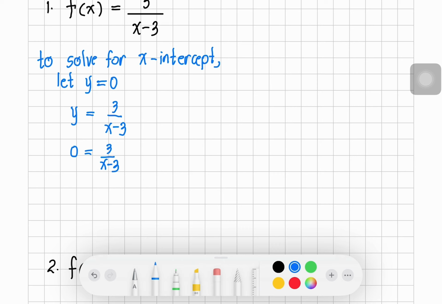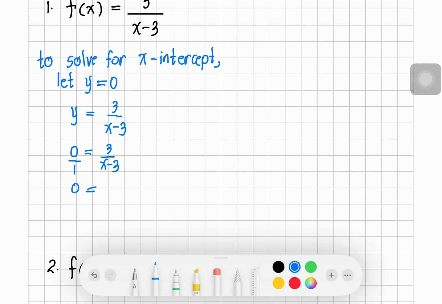So, guys, by cross multiplication, this is it. 0 over 1 here, right? Okay? So, cross multiplication, it will become 0 times x minus 3, that is equal to 0, right?